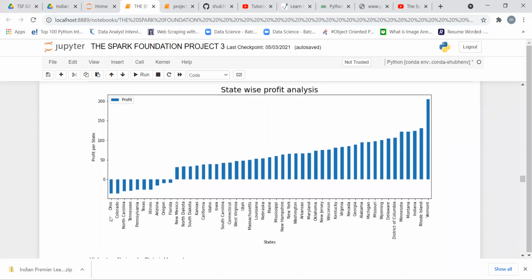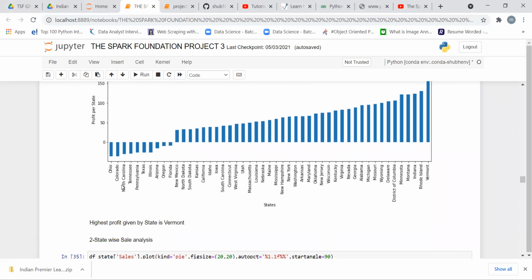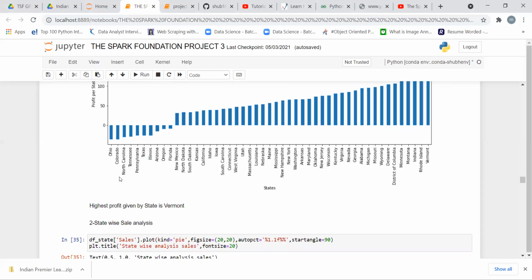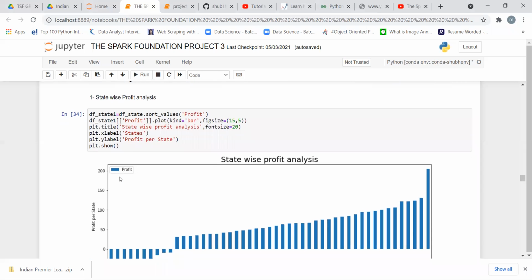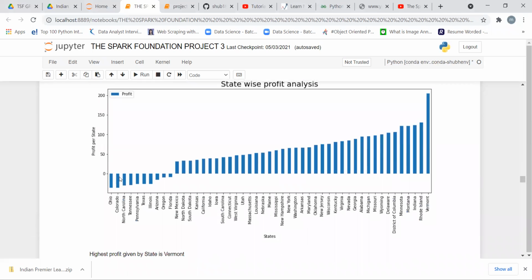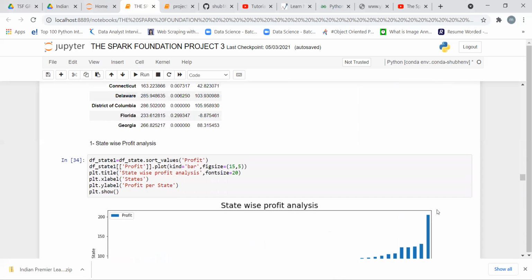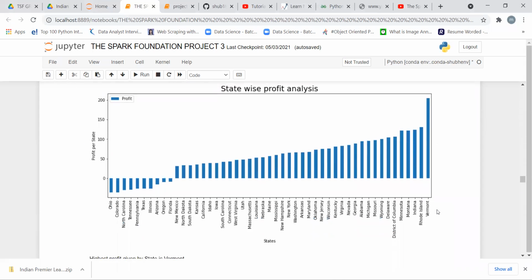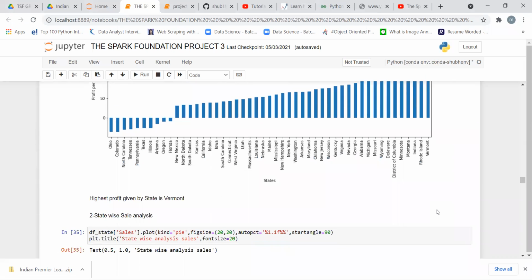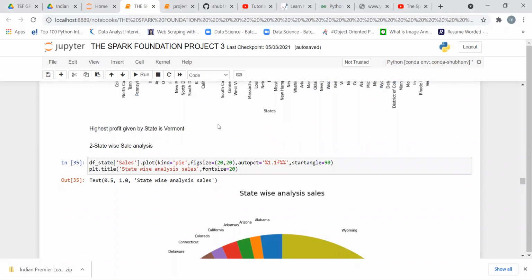Okay, so we can see that Ohio and Colorado are generating less profit, and Vermont is generating more profit than other states. So the highest profit is given by the state of Vermont.